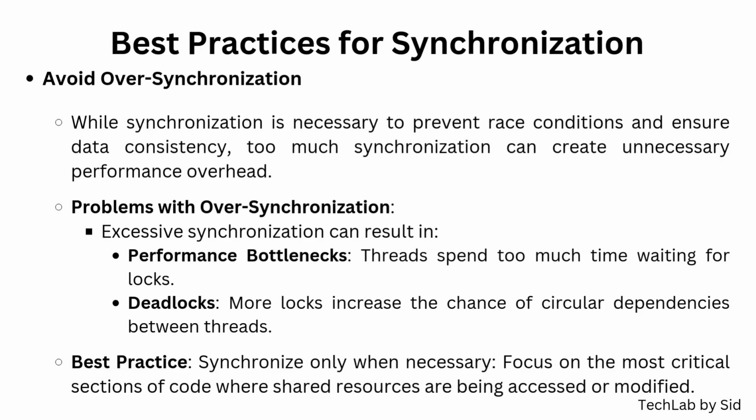Additionally, it increases the risk of deadlocks, where threads are blocked, waiting for each other to release resources. To avoid these issues, synchronize only when necessary. Focus on the most critical sections of your code where shared resources are accessed or modified, and avoid locking sections of code that do not require synchronization.